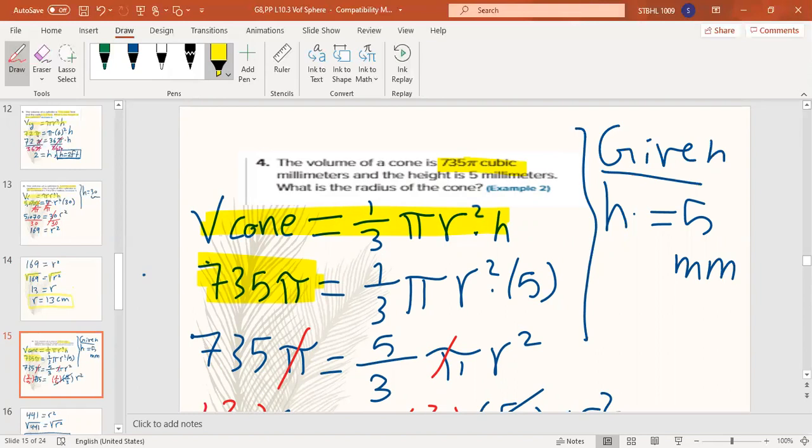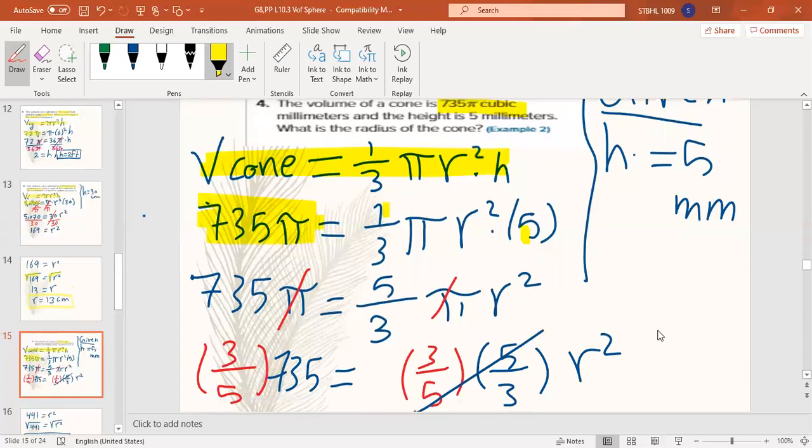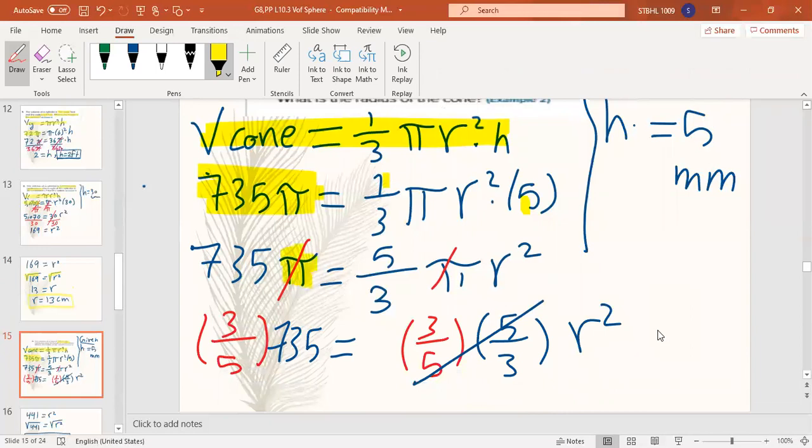And to make it easier to solve, I'll multiply 5 by 1. So it will be 735 pi equal 5 over 3 pi r squared. And you can divide both sides by pi to get rid of pi. It's like canceling pi from both sides. And now we need to isolate the r squared. To isolate r squared, we need to multiply by the reciprocal of 5 over 3.